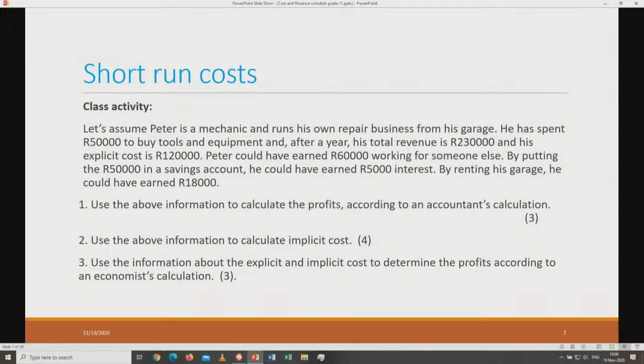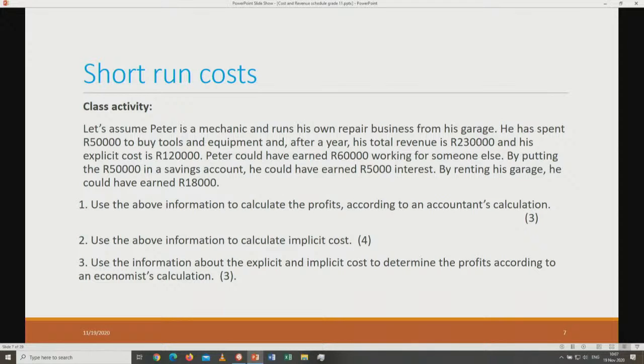Peter could have earned an amount of 60,000 working for someone else. That's the opportunity cost. You must be able to identify this. This is the opportunity cost that I referred to earlier. By putting the 50,000 in a savings account, which 50,000 is that? The 50,000 that Peter started the business with.